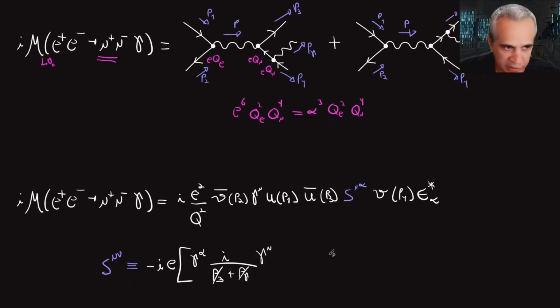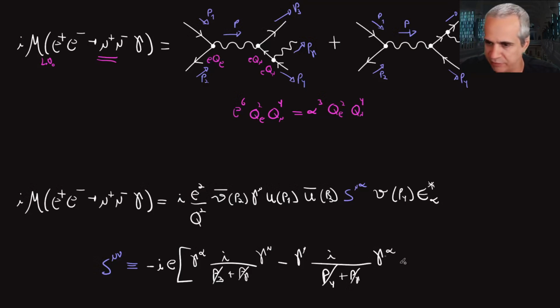And the other one is just minus gamma mu i P4 slash plus P gamma slash gamma alpha.